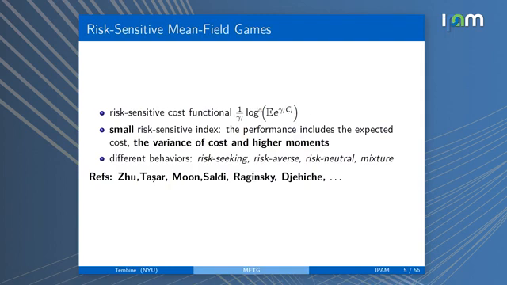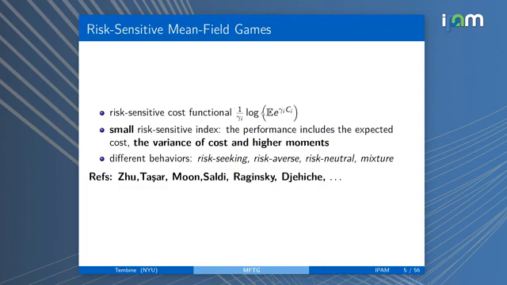When gamma is small, you can see by Taylor expansion that the second order term would be the variance of C_i. So you look at not only the first order, but also the second order and higher orders, because the exponential involves all the moments, right? So you get higher order terms of the cost function. Now, why is this interesting?